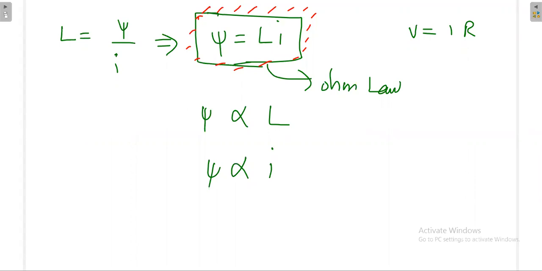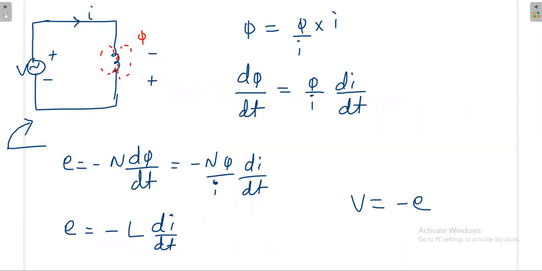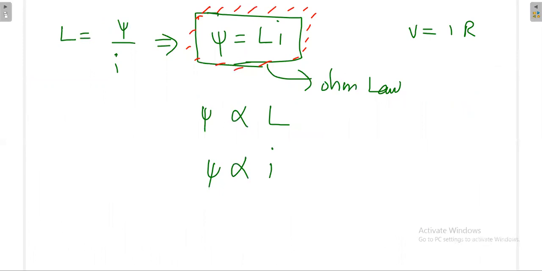So the final total flux depends on the inductor value and the current value.